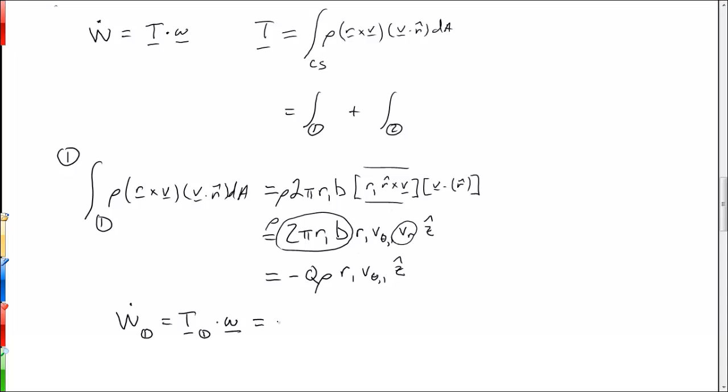So that's going to be equal to minus Q. Now let's put the rho out here. Minus rho Q R1 V theta 1 z hat dotted with omega, which is omega z hat.